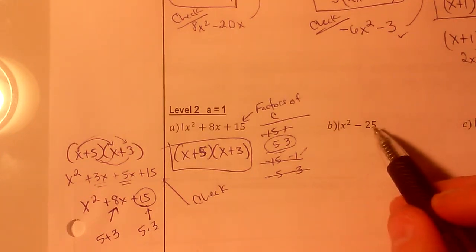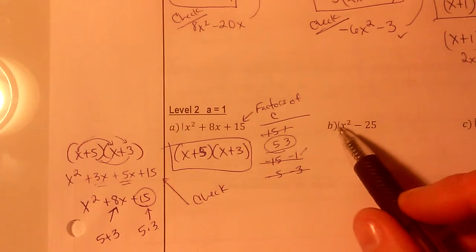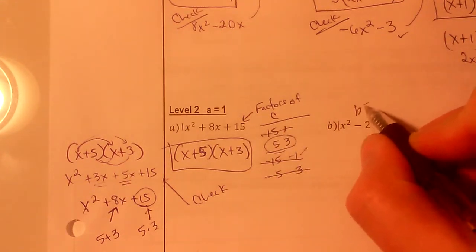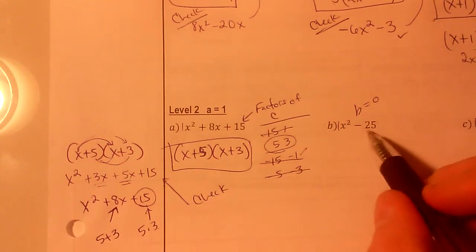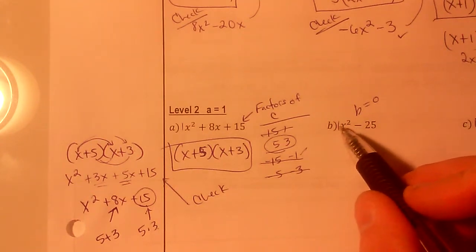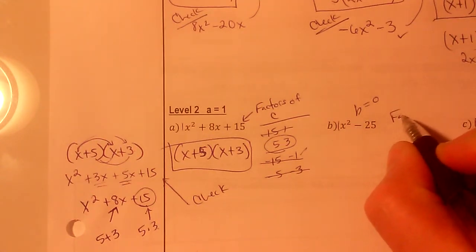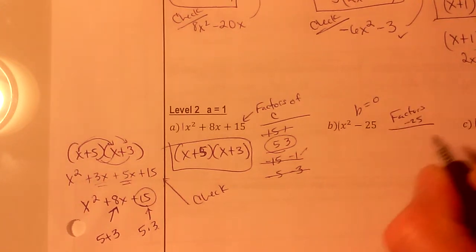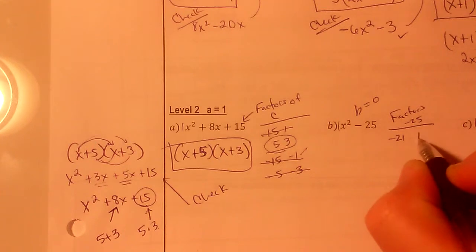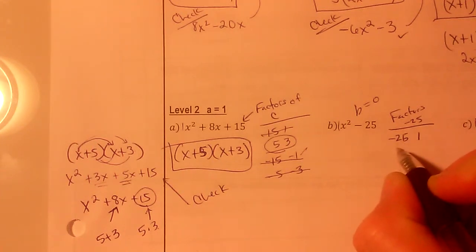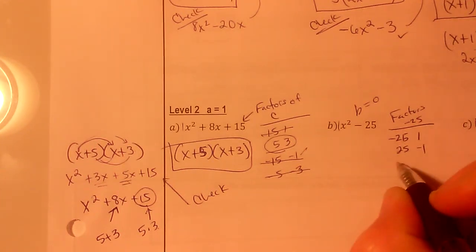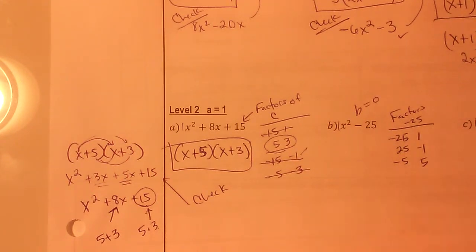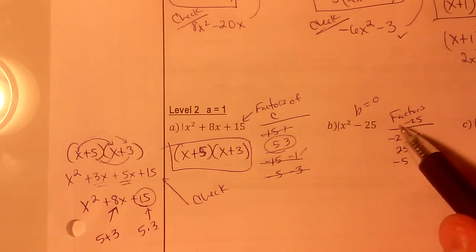So here, my C is negative 25. These all have A equals 1. And my B value is 0. So I need things that multiply to negative 25 and add to 0. So my factors of negative 25, my C, are negative 25 and 1, 25 and negative 1, negative 5 and 5, and then the same, 5 and negative 5.